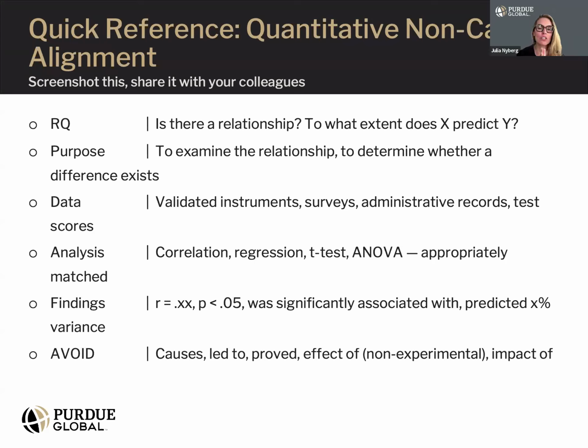These are all non-causal. Avoid all those same red zone words and be especially careful with effect of in quantitative work. Effect size is a statistical term, but the effect of X on Y implies causation.